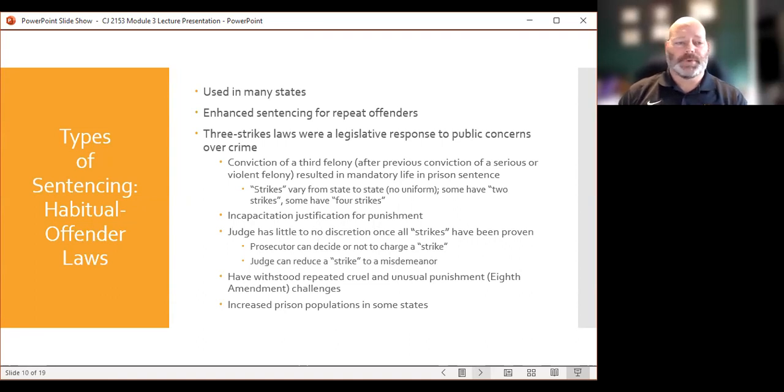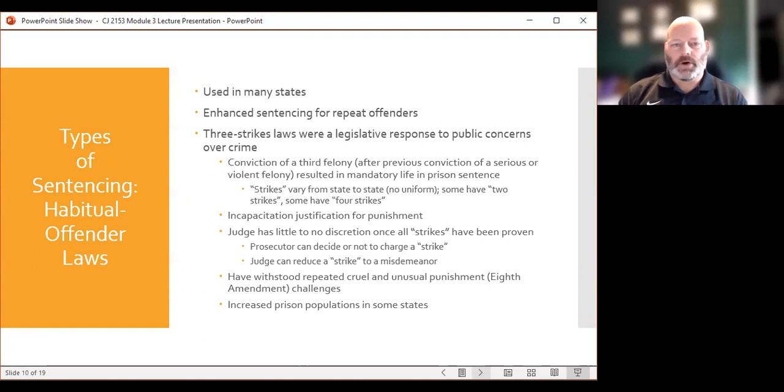Another type is habitual offender laws, and these types of laws are used in many states and offer enhanced sentencing for repeat offenders. Three strikes laws, you may have heard that term before, were a legislative response to the outcry and concerns of the public over crime.